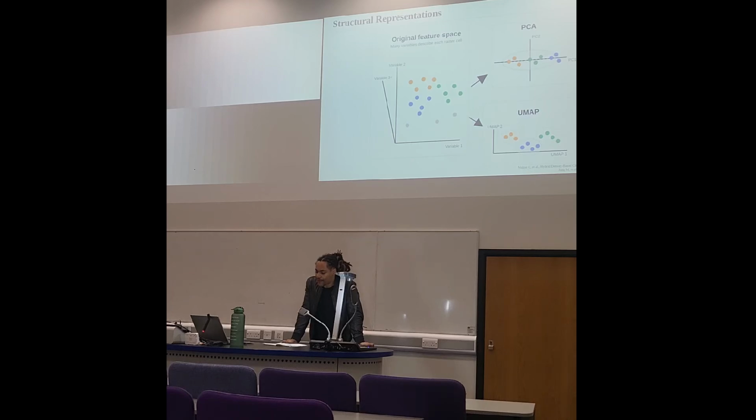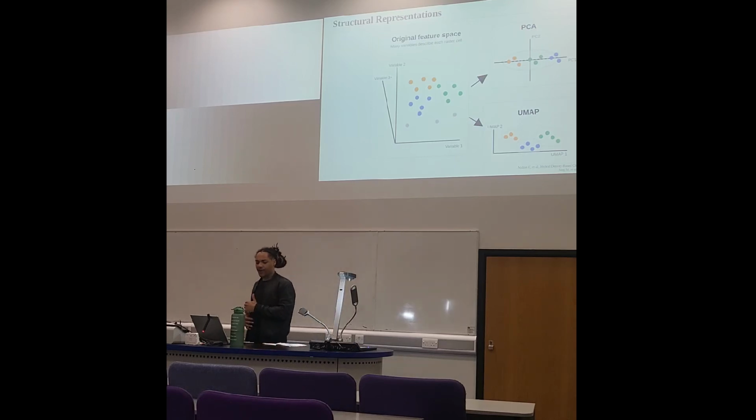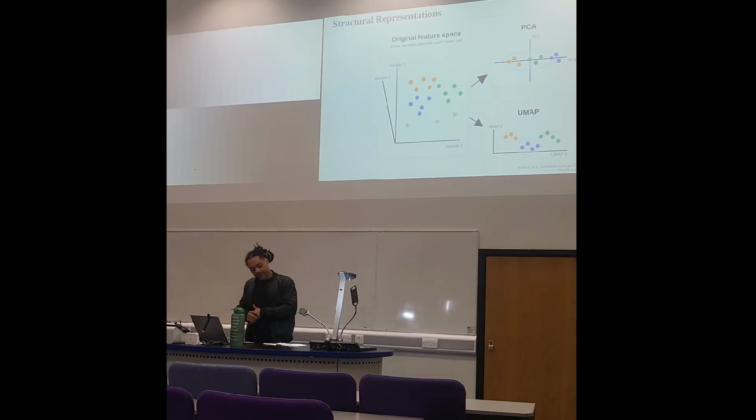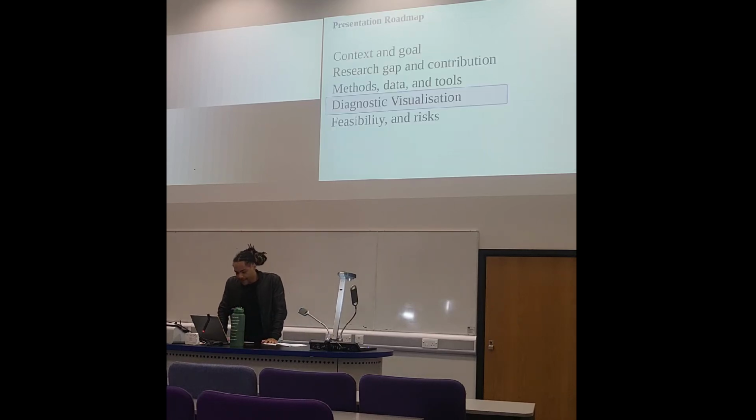However, UMAP is designed to preserve the local features. PCA is better at keeping the global, but UMAP finds that balance, and UMAP is able to preserve the local neighborhood structure and represents the cells into clearer clusters.